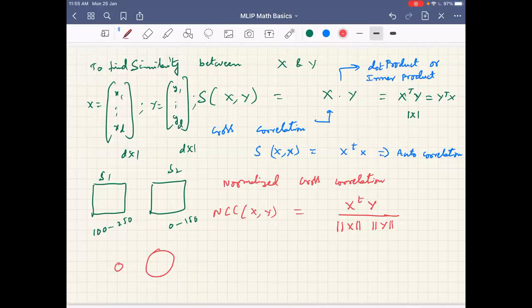Now, what do you think is the maximum value of this normalized cross correlation? 1. What is the range of normalized cross correlation? 0 to 1. Is this correct? No other suggestions? Sir, -1 to 1. Okay, somebody is telling normalized cross correlation can be -1 to 1. When is it -1 to 1 and when is it 0 to 1?